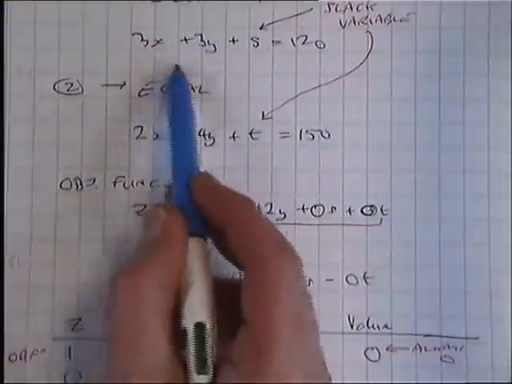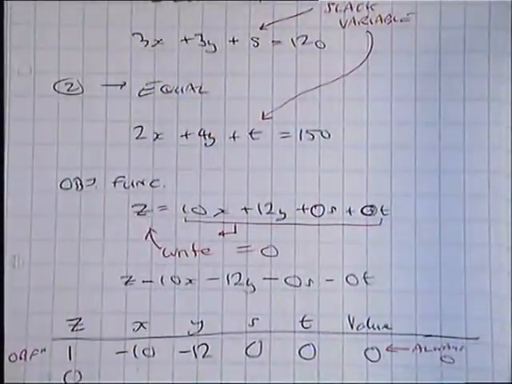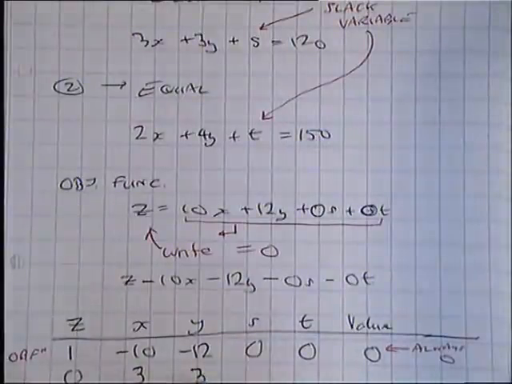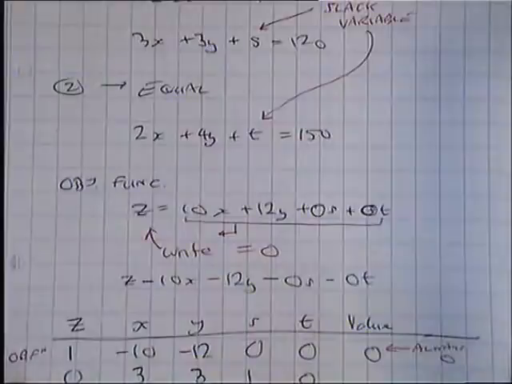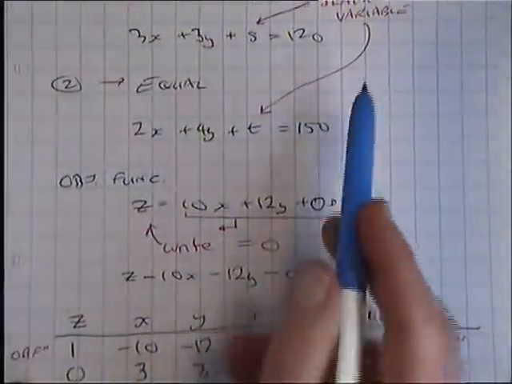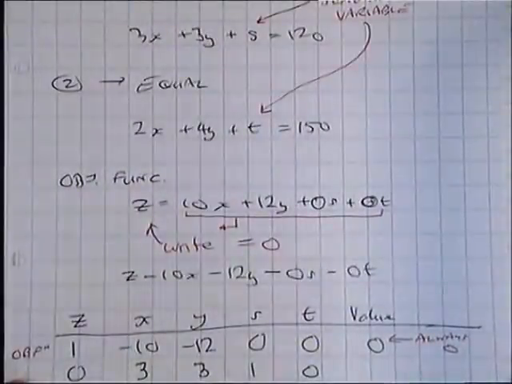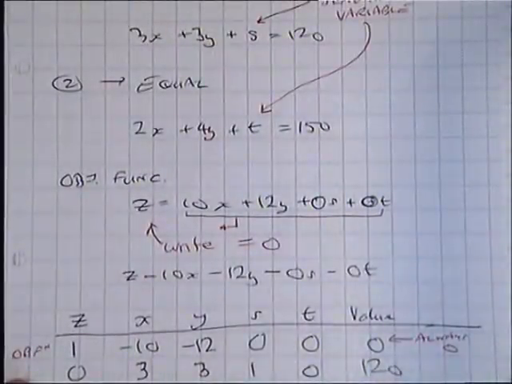How many x's are there? 3. Y's? 3. S's? 1. T's? No. Okay. And what's the other number that is there in that one we haven't dealt with yet? 120. That one goes over there.